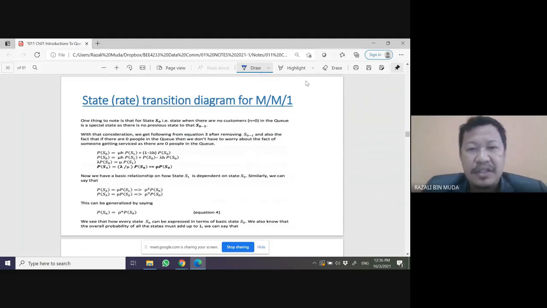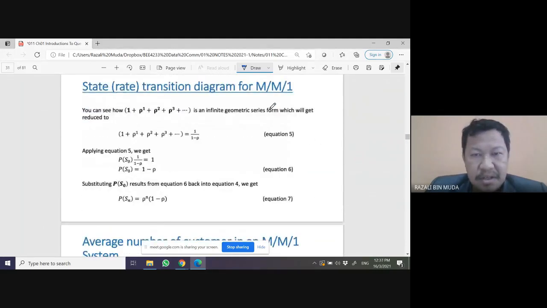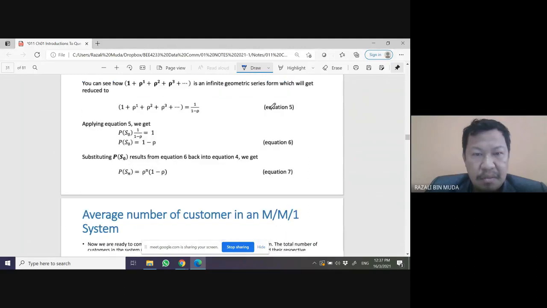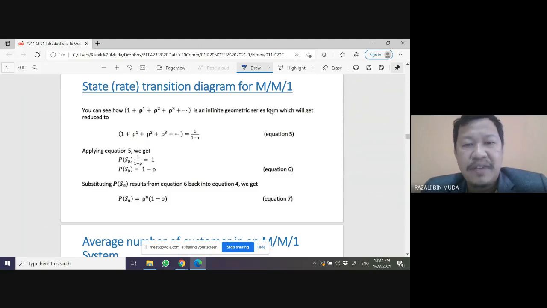State rate transition diagram for M/M/1. You can read this. You can now see how 1 plus rho plus rho to the power of 2 plus rho to the power of 3 plus so on is an infinite geometric series, which reduces to 1 over 1 minus rho.